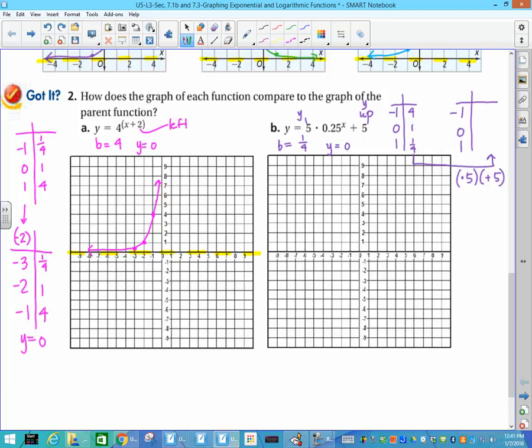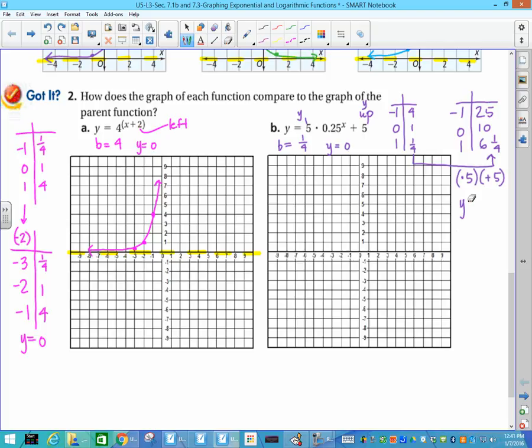-1, 0, 1. So 1/4 times 5 is 5/4. Plus 5 is 6 and 1/4. 1 times 5 is 5. Plus 5 is 10. And 4 times 5 is 20. Plus 5 is 25. Okay?